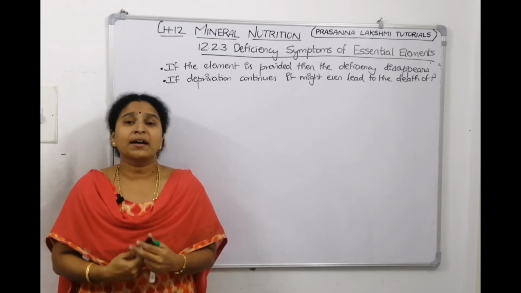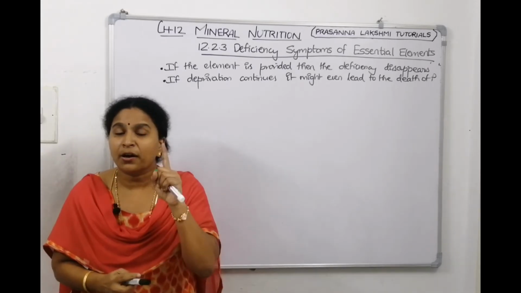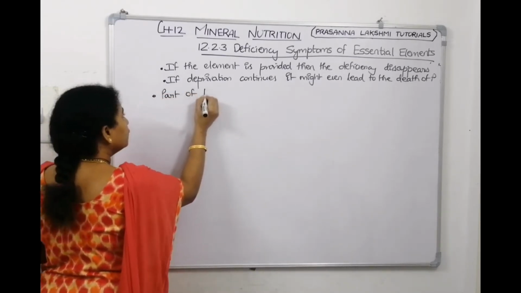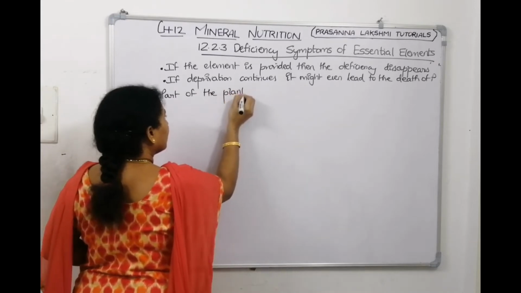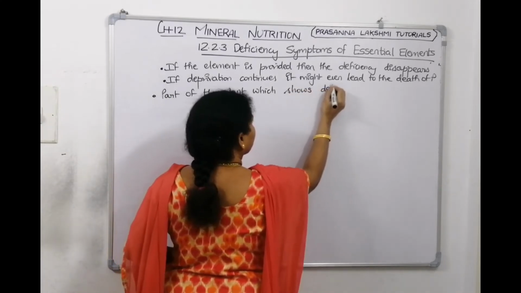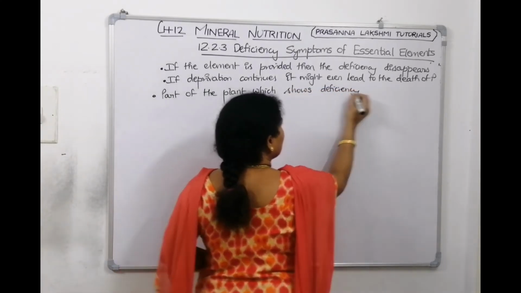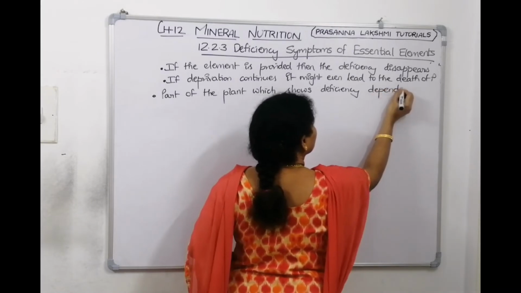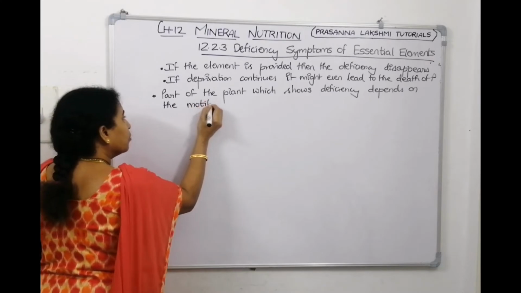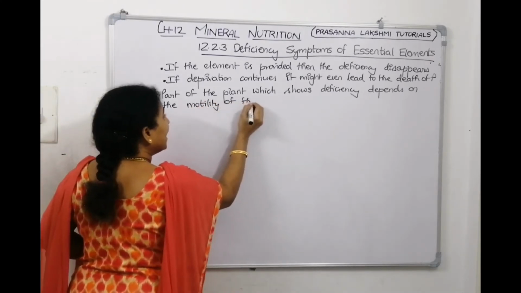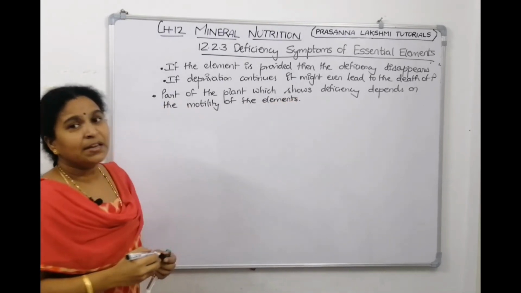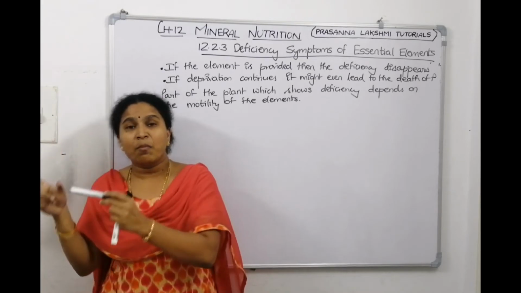The part of the plant which shows deficiency depends on the motility of the element.